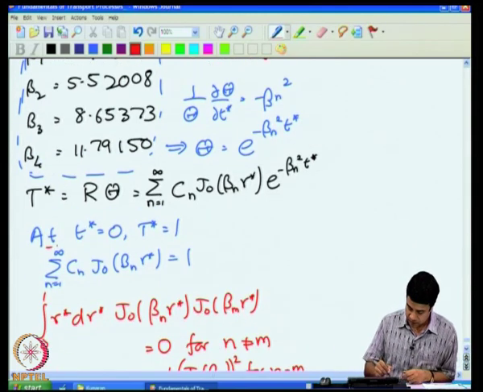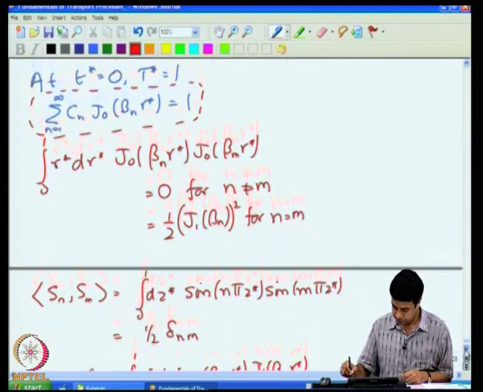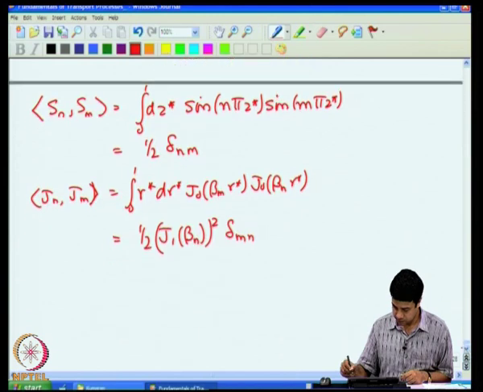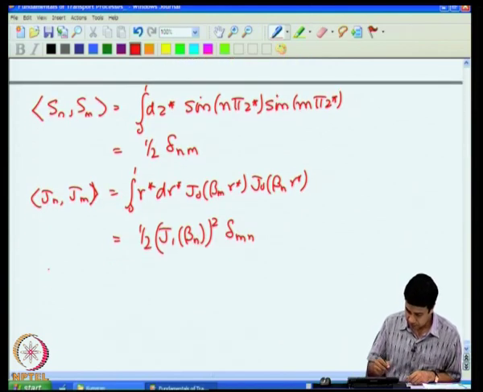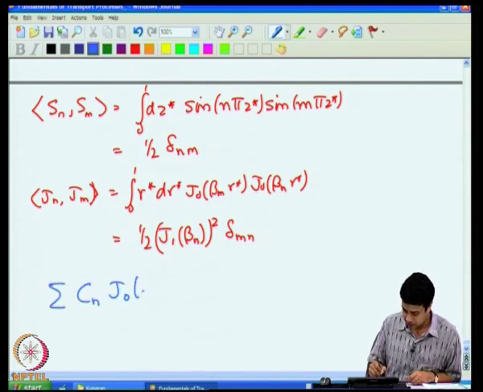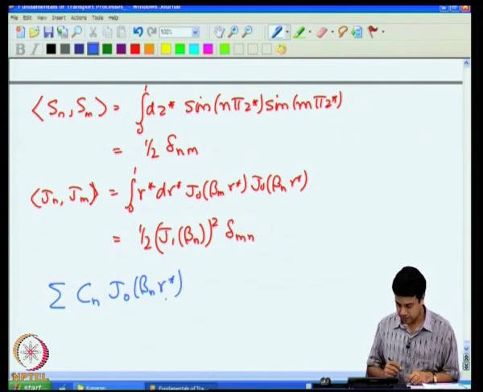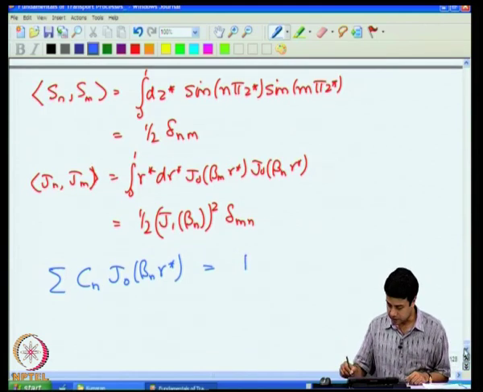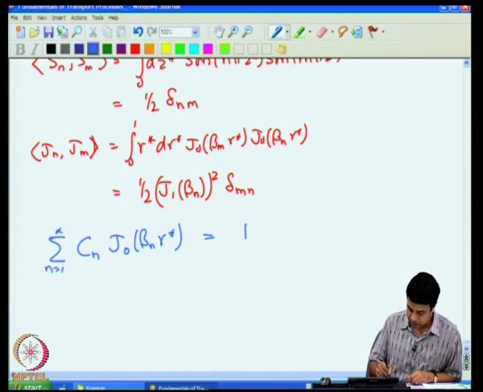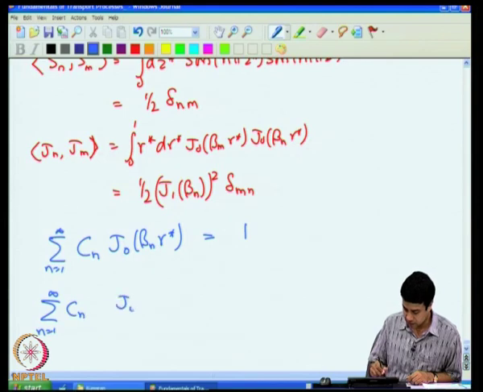So, this was the boundary condition, the initial condition that we need to evaluate. Therefore, I have the initial condition as the summation of Cn J naught of beta n r star equal to 1. Multiply both sides by J naught of beta m r star, with the summation from n equal to 1 to infinity of Cn times J naught of beta n r star, J naught of beta m r star.